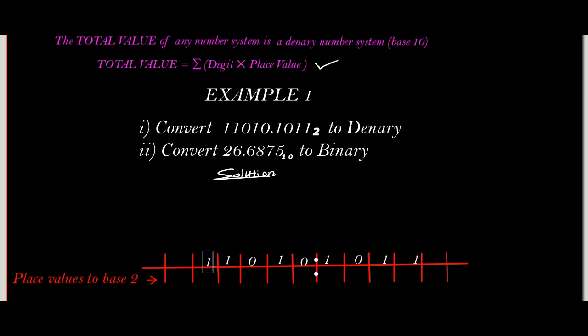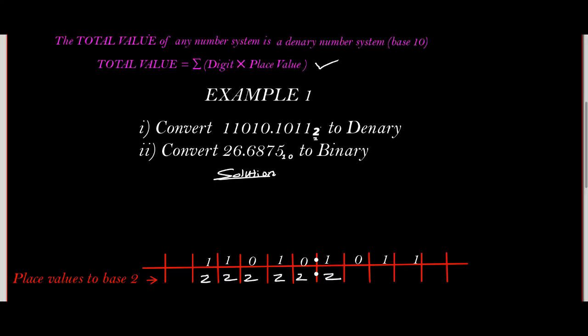Now in this case, the number system we've recorded here is a binary number system, so we put base 2. So it means the place values will have base 2, because we want to multiply these digits and their respective place values.